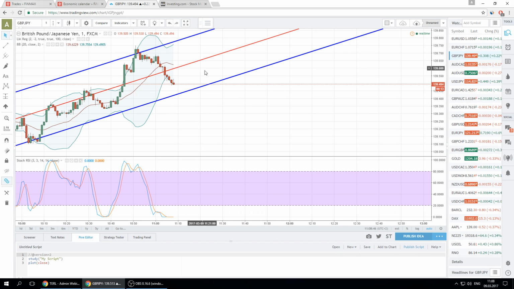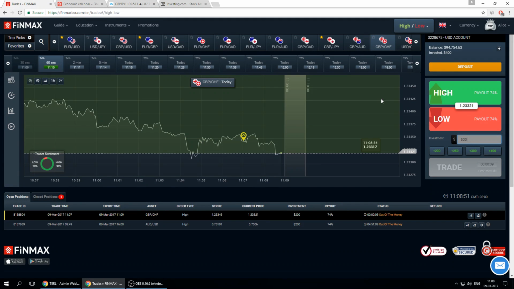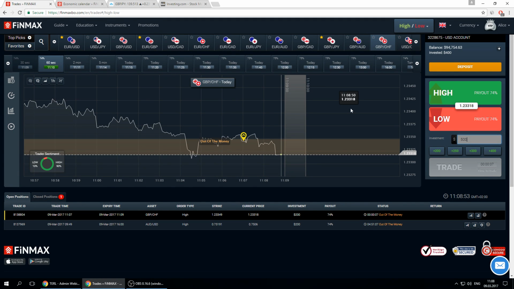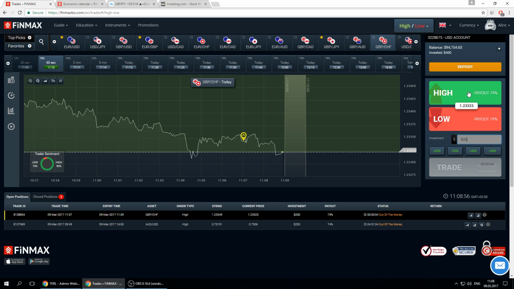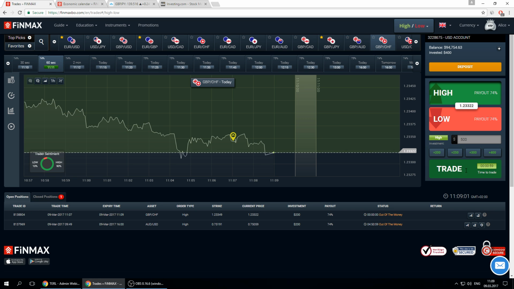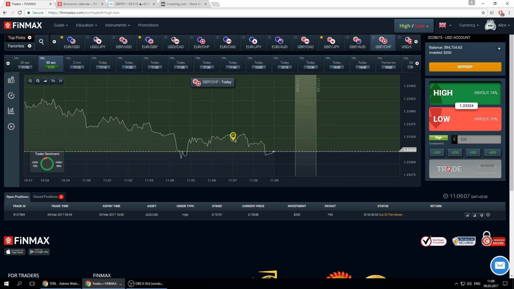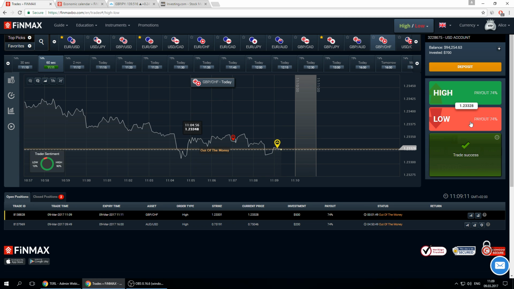On different assets, as you see. Okay, 10 seconds. High volatility on the market, so okay, it's opened.